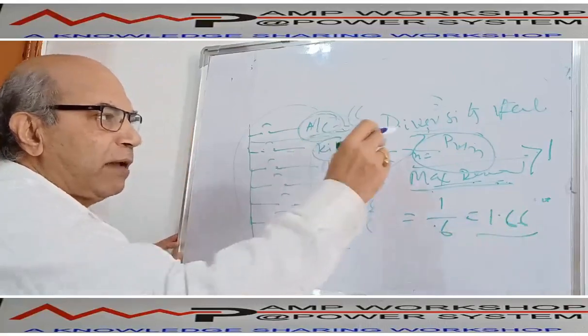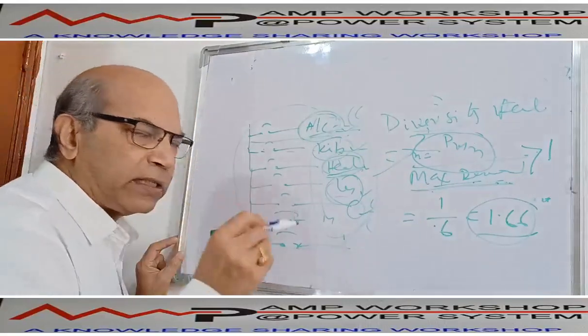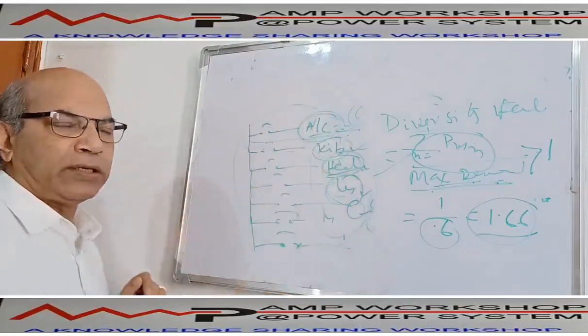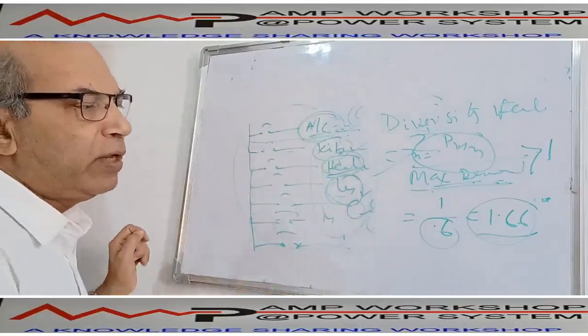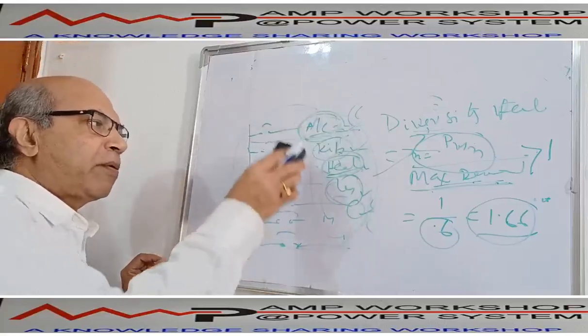So when the diversity factor is 1.66, our maximum demand at a particular time is only 0.6 of the total. In this way we can calculate how much maximum demand will be coming.